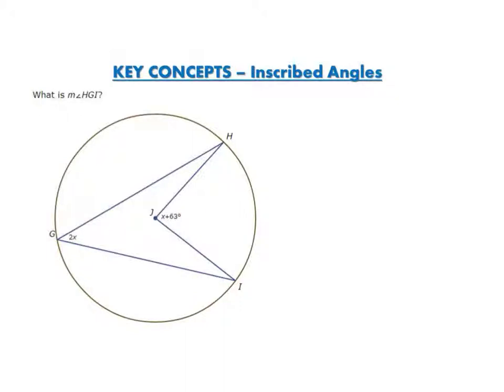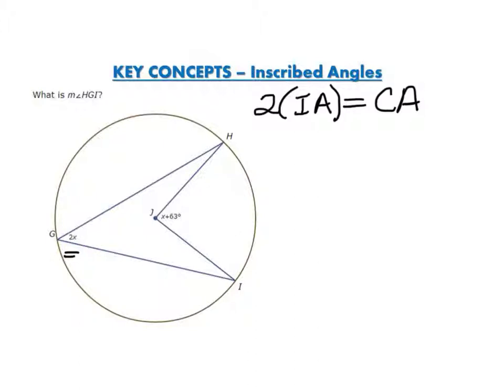So what you're going to do to solve this is take 2 times the inscribed angle and make it equal to the central angle. Then you solve for your variable, plug it back in and multiply. In this case, we're going to multiply it times 2 to find the measure of angle HGI.